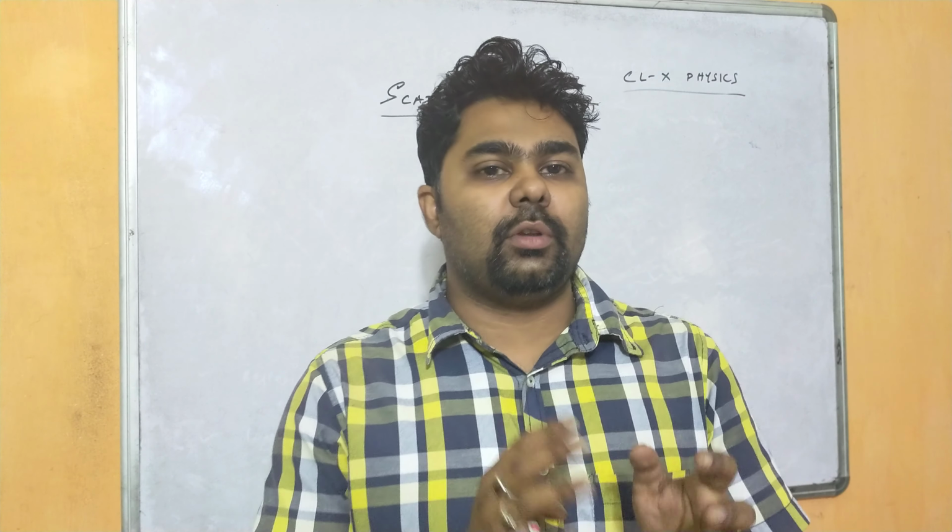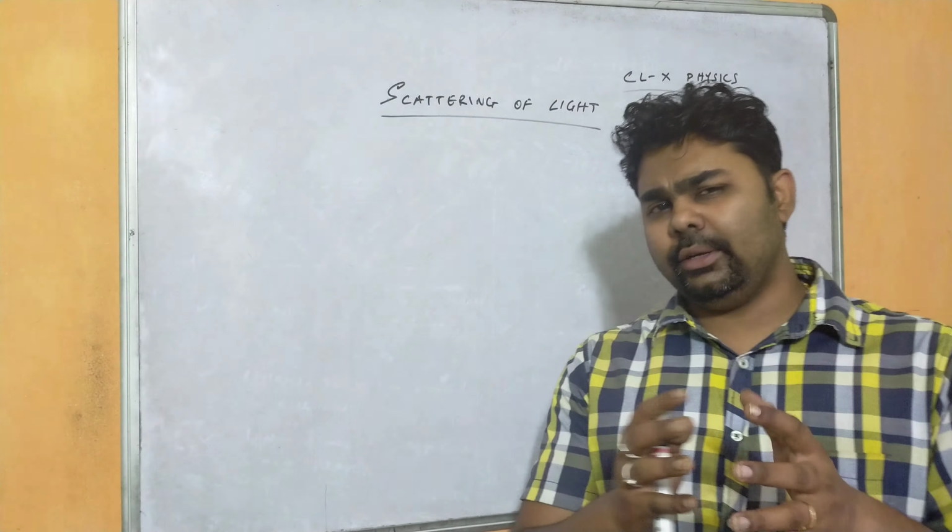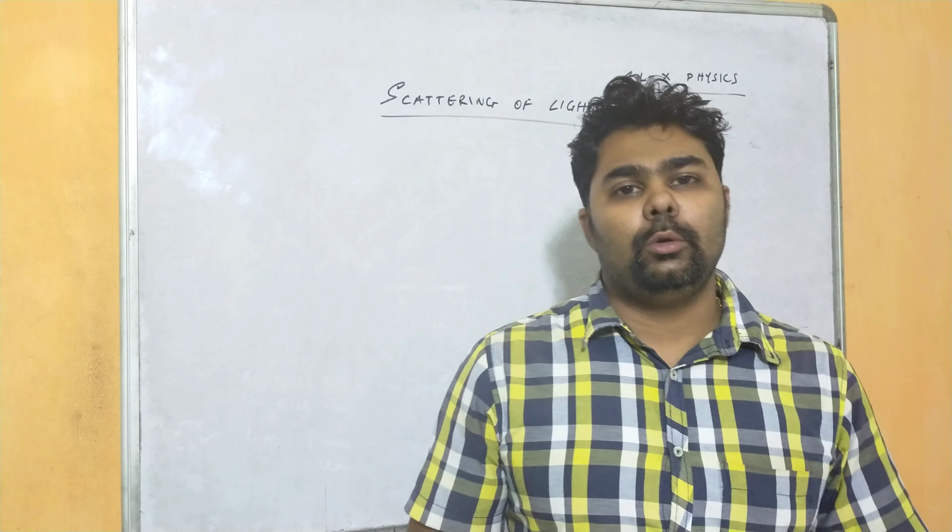This scattering of light was observed by a scientist called Rayleigh, and it is named Rayleigh scattering. According to Rayleigh scattering, the scattered incident light is inversely proportional to the fourth power of wavelength. So let's see what it is.